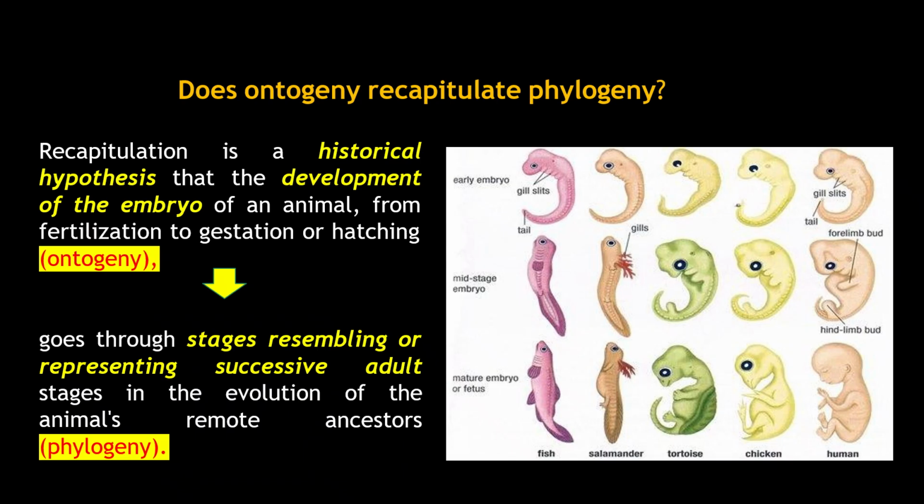I know you already watched a video about this question: does ontogeny recapitulate phylogeny? And you have seen this picture where, if you see it, you say, of course, yes. The problem is that these are diagrams. This is a historical hypothesis that says that development recapitulates the successive stages of evolution.